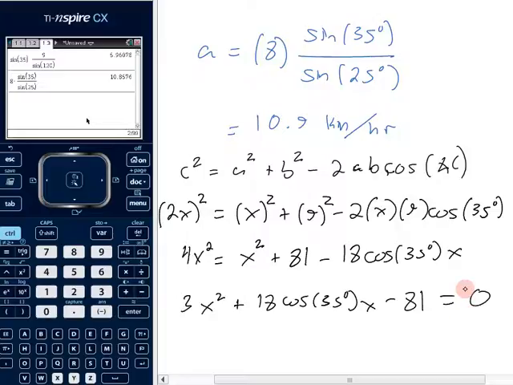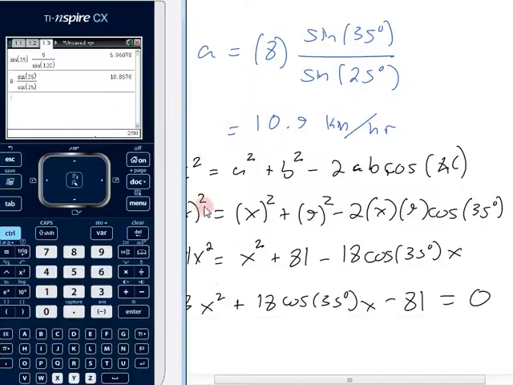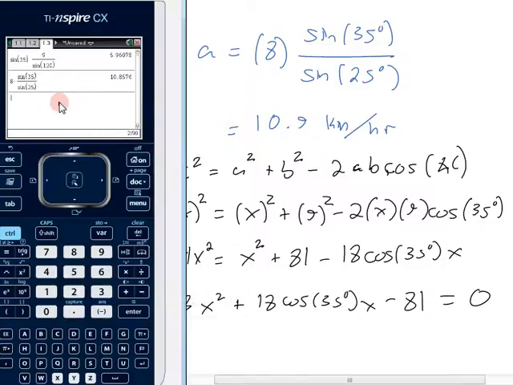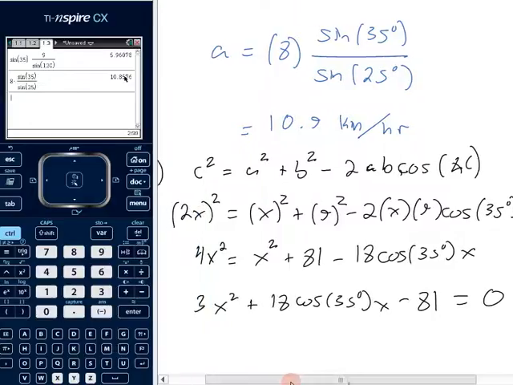To solve this, we could try factorization, but 18 cosine of 35 is not going to work out nicely at all. We could try completing the square, or the quadratic formula, but we have our calculator on this question, so let's use some calculator tools. Let's find all of the possible solutions to this polynomial expression using the tool polyroots.